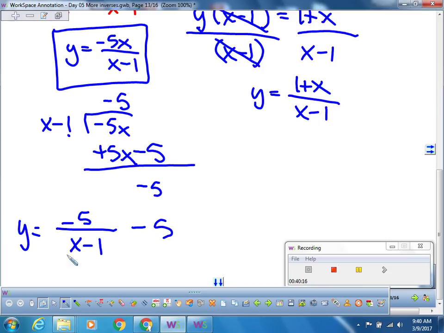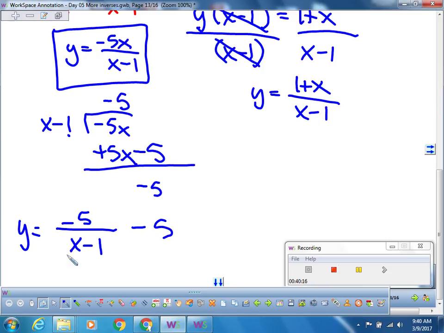So you need to be able to tell me what the equation is by looking at the graph. You need to be able to graph square root functions.